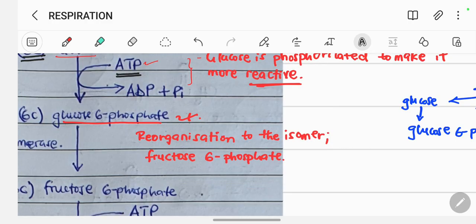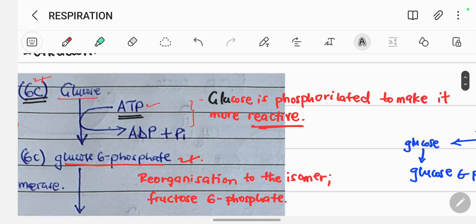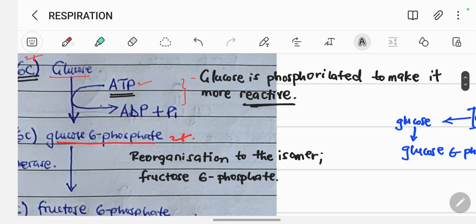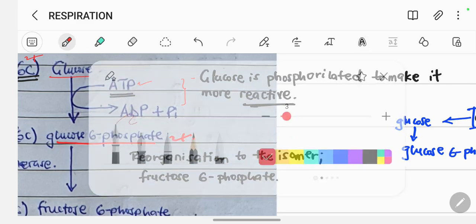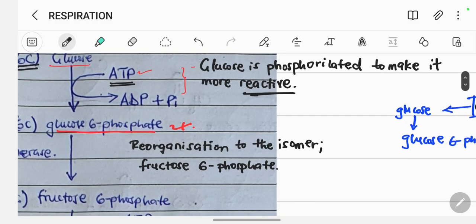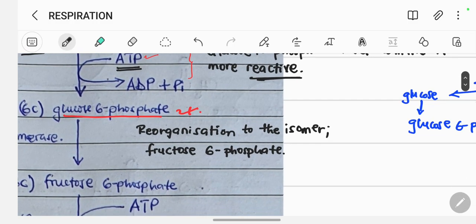It's better I turn it to black. I think now it's clear and visible. So reorganization to its isomer, fructose 6-phosphate.